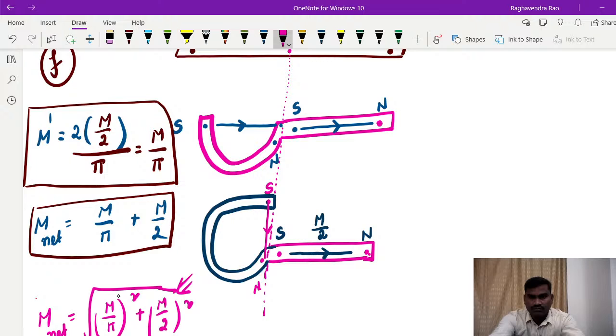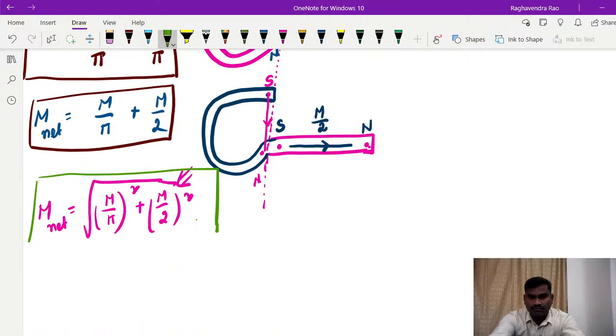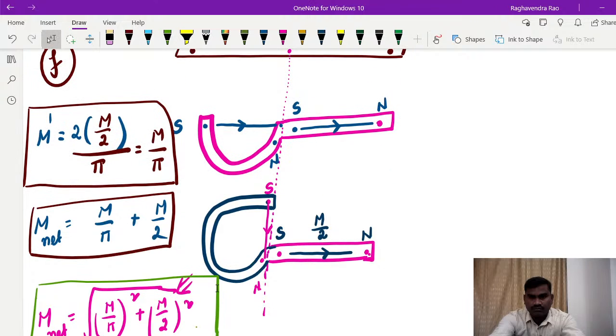That part will become 0. This is the magnetic moment of a bar magnet bent like this. To confuse us, they will ask this type of question.